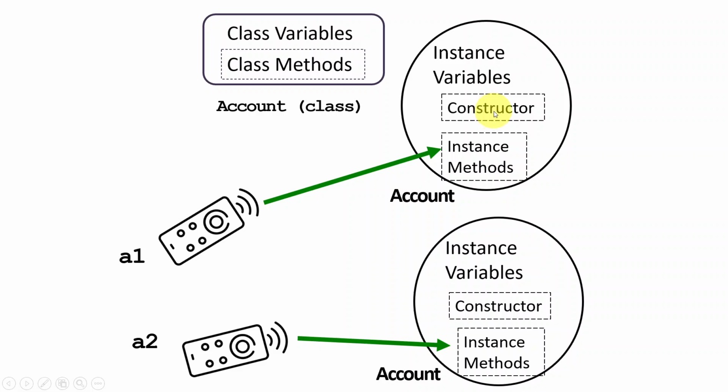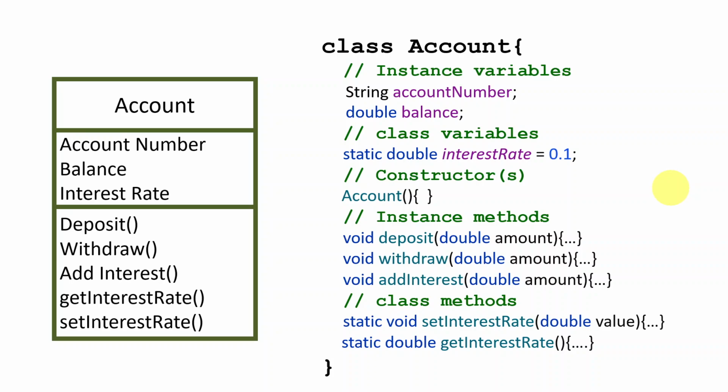The constructors can also refer to the instance variables, which are specific to a particular object. But when it comes to class variables, those are common variables. And also the class methods can access those class variables.